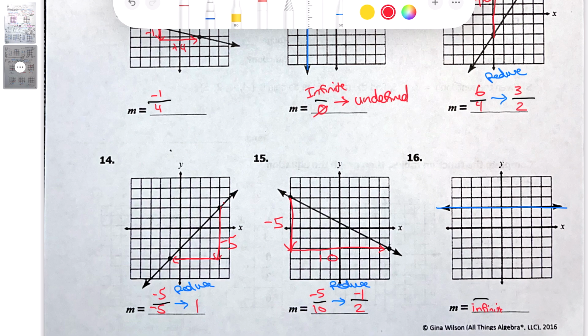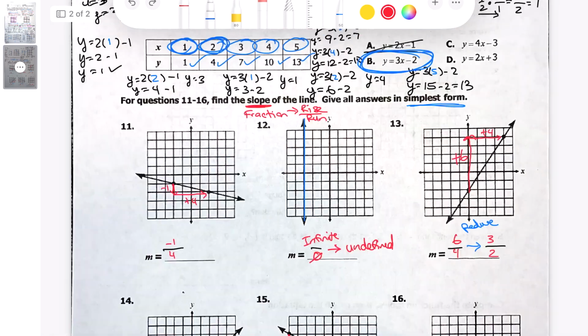But I don't rise at all. I don't go up, I don't go down. So with this case, you don't really have to write this at all. If you recognize that this is a flat line, you would just put 0, or the word 0 is perfectly fine as well. But this is kind of the reason. You run infinitely, but you don't rise at all. And then remember, if you rise infinitely, but you don't run at all, that's undefined.